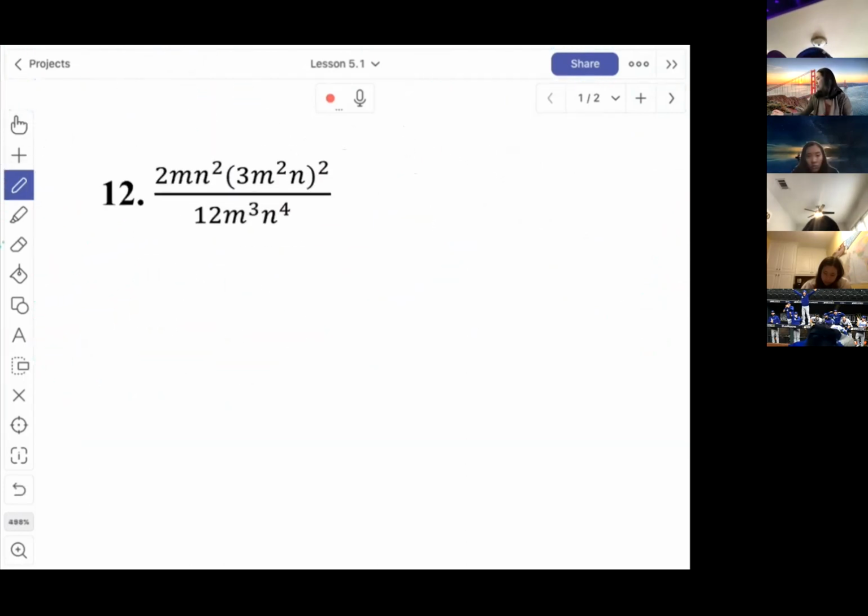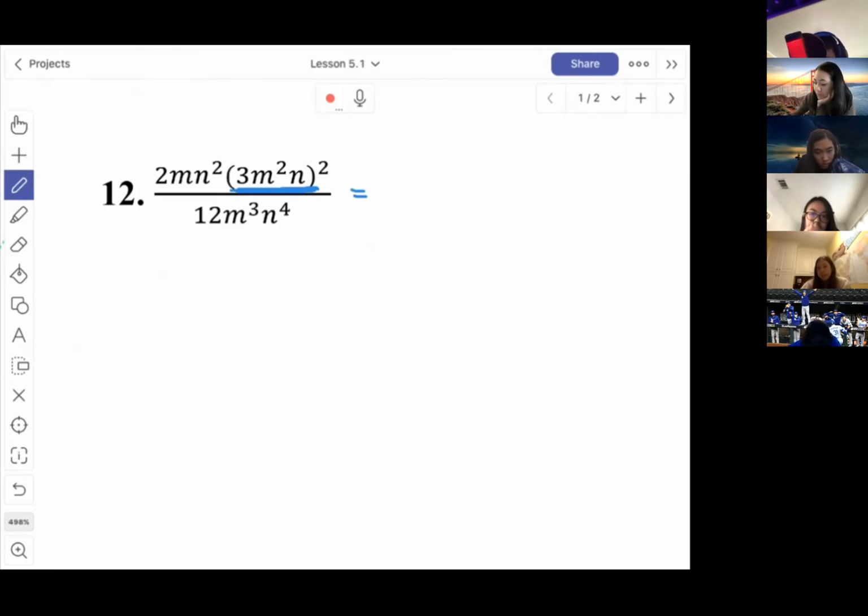Okay. So number 12, Mason, help me out with this one. Okay. So first thing I would do is, wait, can you combine the 2mn with the stuff in the parentheses? No, the reason why is because it has that square. So I would handle the square first. Okay.